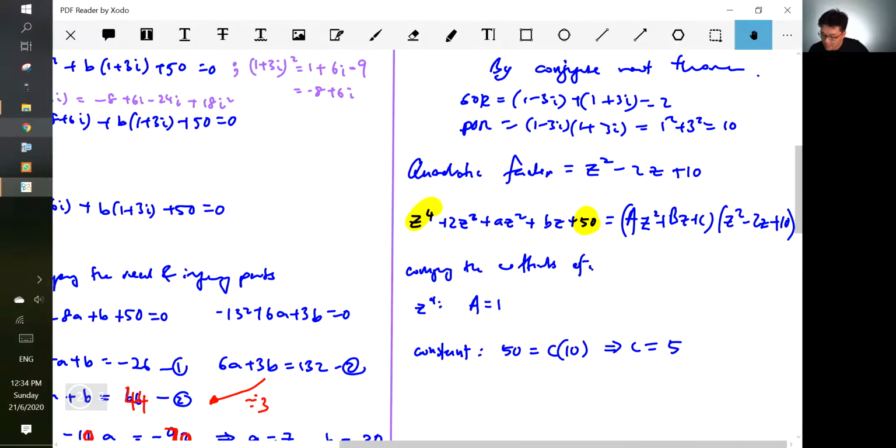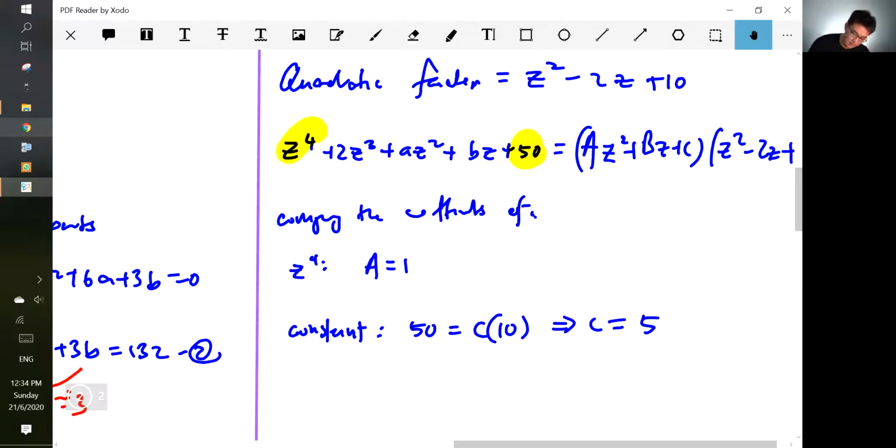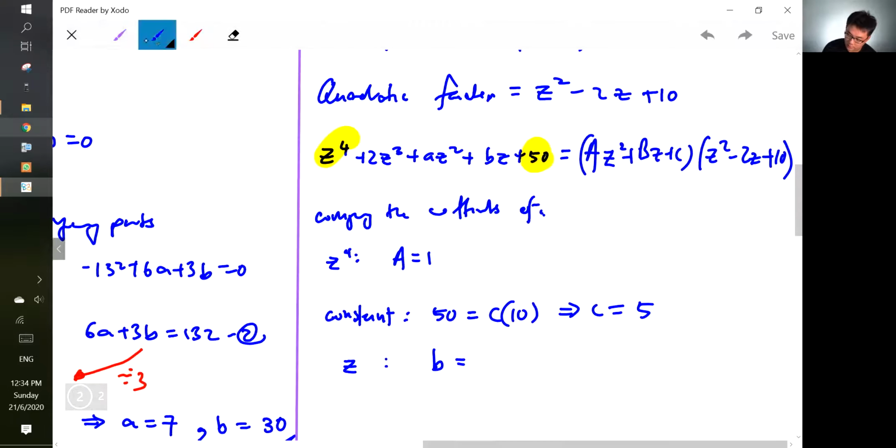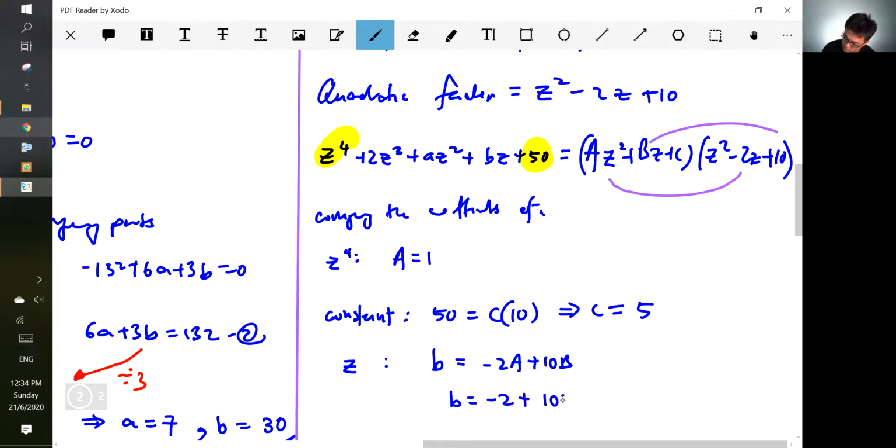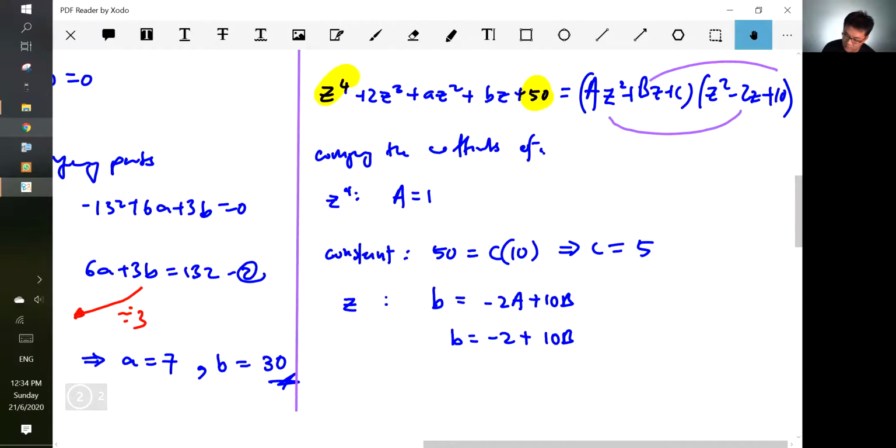Okay. And then you start with Z. Z will be equals to B on the left hand side. And you will have got 10B minus 2A. Maybe on the hindsight should have used z cube.